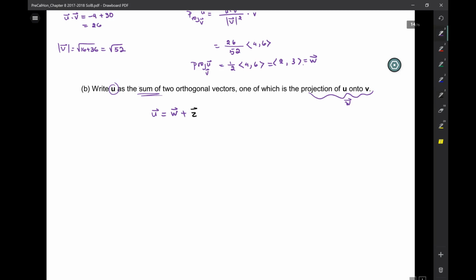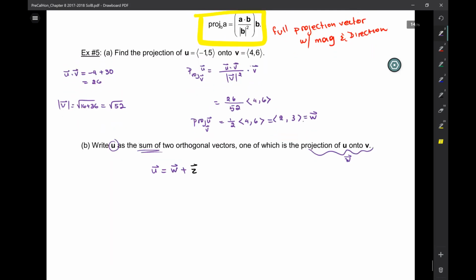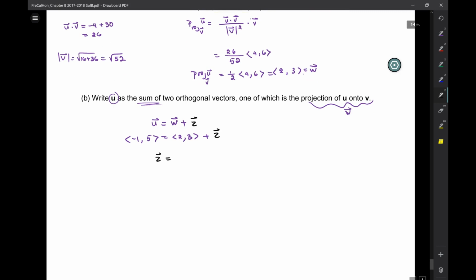So now take a look at this. So U, what was U? It was -1, 5, is equal to 2, 3 plus Z. So how are we going to find Z? We're just going to subtract. So how much is Z going to equal? -1 minus 2, which is -3, and 2. So that's Z. It's -3, 2.